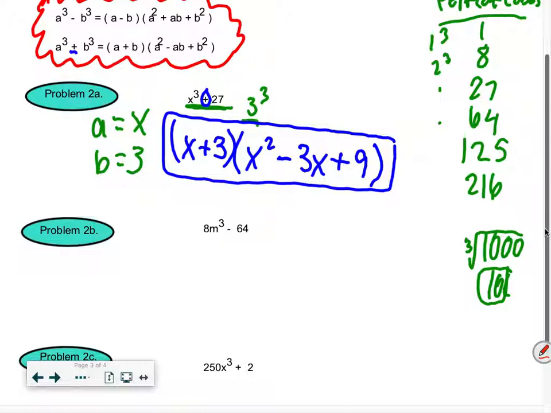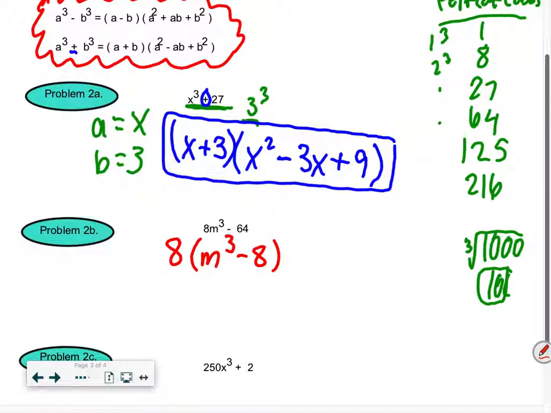Do these have something in common? 8. I'm going to pull out an 8 because it makes my numbers easier. If I pull out an 8, my expression becomes m to the third minus 8. So step 1, see if there's a greatest common factor.